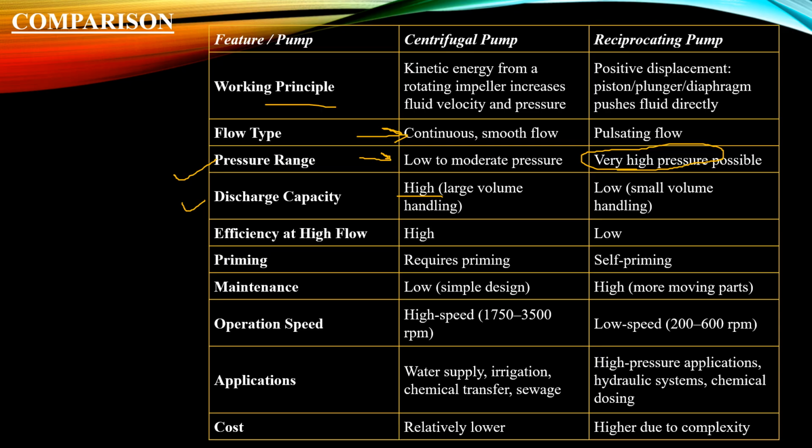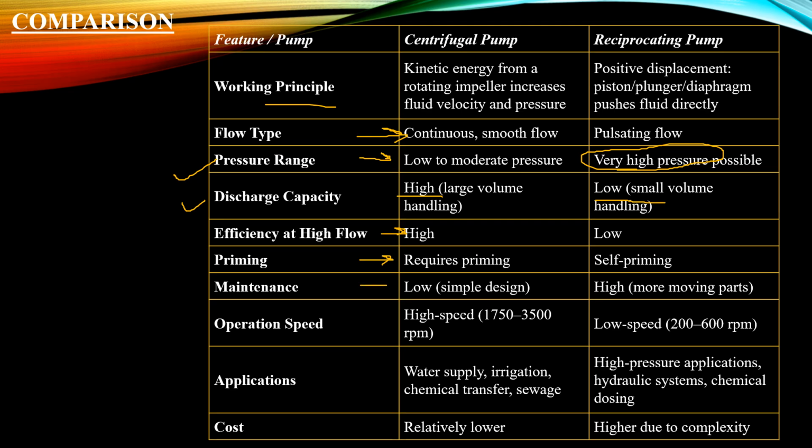For reciprocating pump, we have small volume handling. Centrifugal pump has very high efficiency at high flow rate, and reciprocating pump has low efficiency at high flow rate. Priming, so centrifugal pump requires priming, whereas the reciprocating pump is self priming.